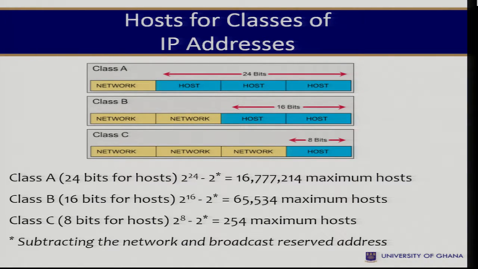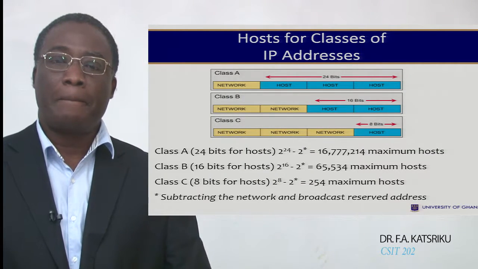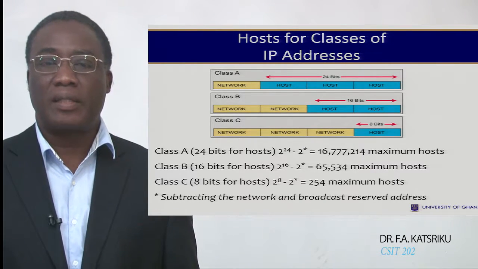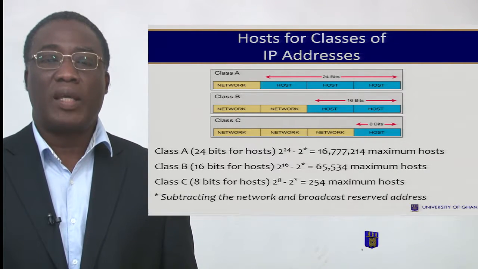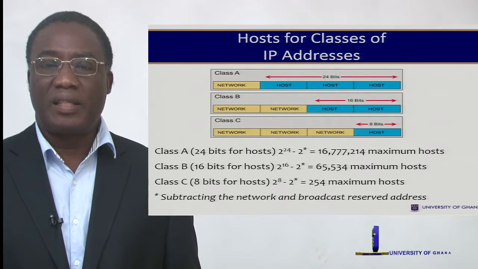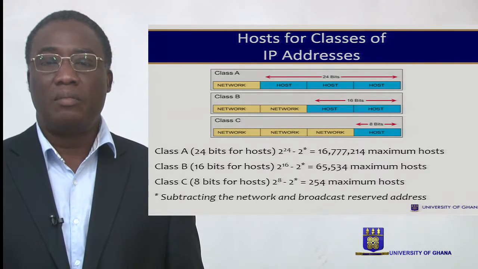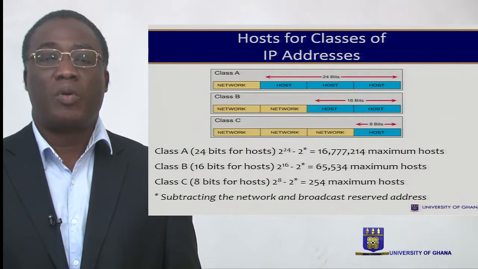But then, because 2 of these are not used, they are reserved for special purposes, for broadcasts and loopbacks, the maximum number of hosts you can get will be 16 million and so on. You can see the number there: 16,777,214 maximum number of hosts.